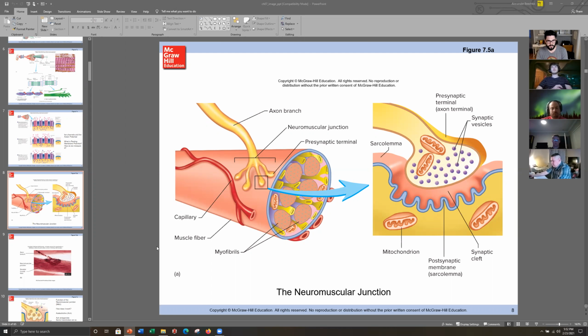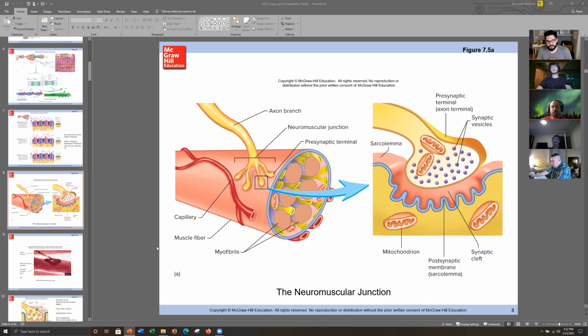So let me put that in the chat here. It's called acetylcholine, commonly abbreviated ACH. So you pronounce that acetylcholine.